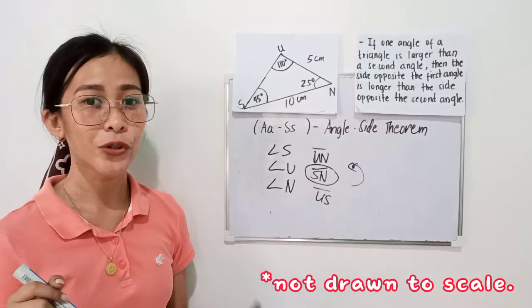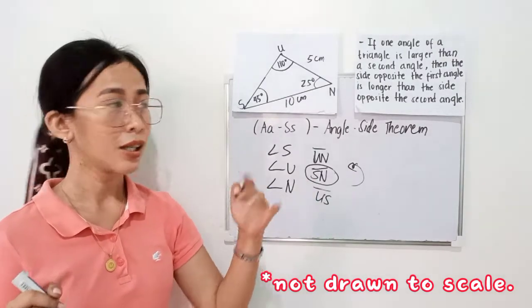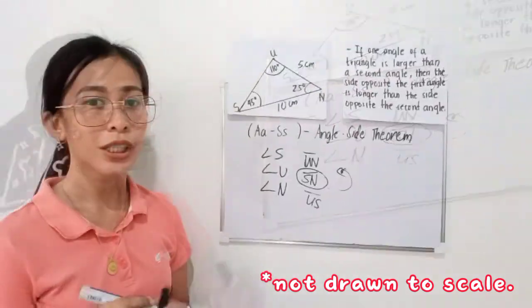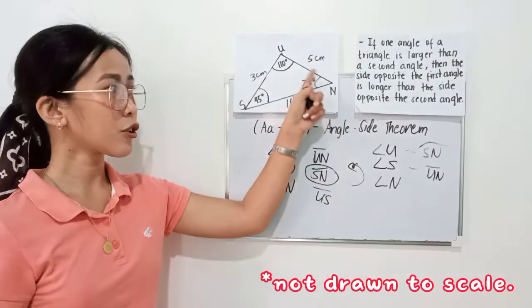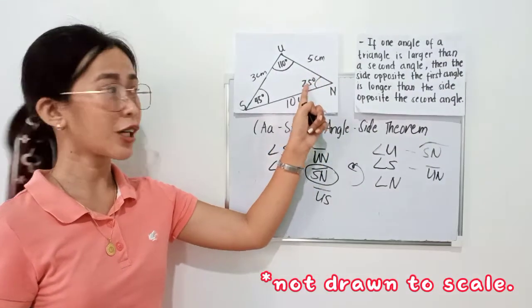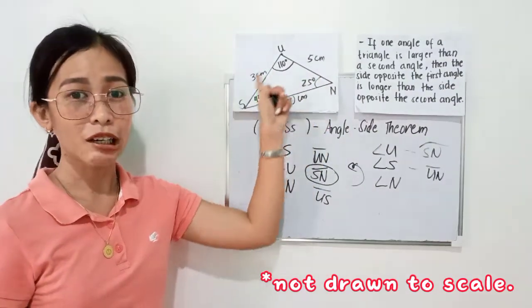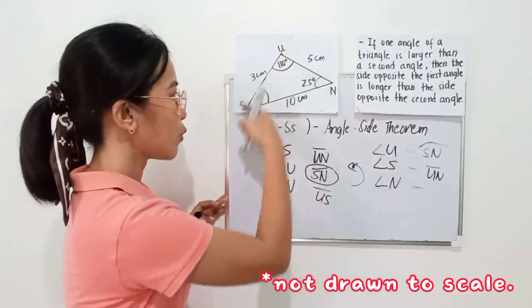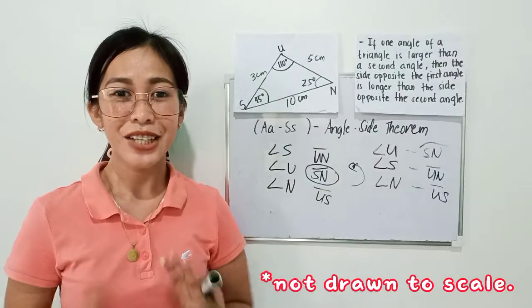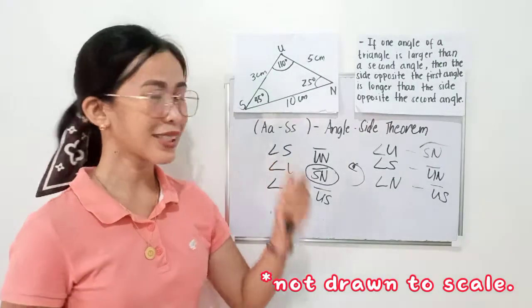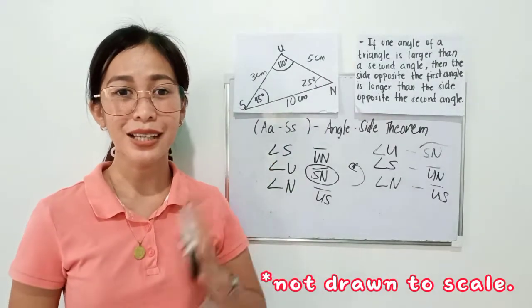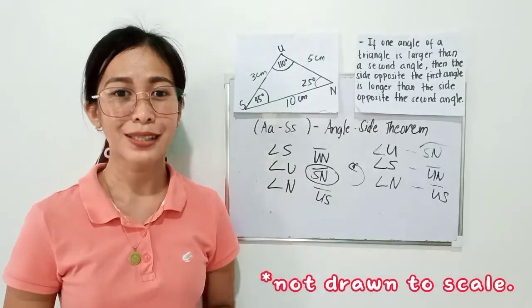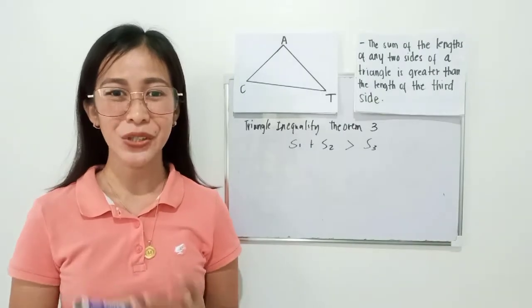Kasi kanina sinabi ko yung exterior angle 360 degree. Ngayon, interior angles 180 degree. Since ito yung pinakamaliit na angle, therefore, yung katapat niya ang pinakamaikling side. Diba? So, we have side US. So, yun. Ganun lang kasimple ang angle side theorem and side angle theorem. Vice versa lamang sila. Okay, so on to the last theorem.